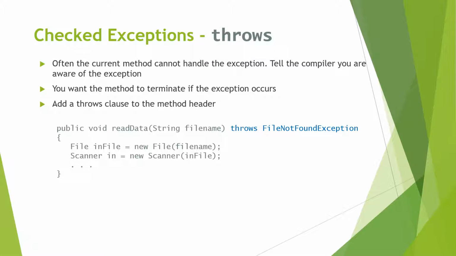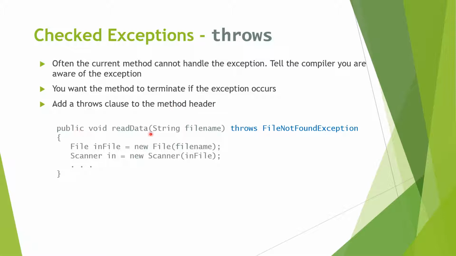So in these cases, you simply tell the compiler that you're aware of the exception that may be thrown, but you cannot handle it, so you throw it out of the method so that someone else or some other method can handle that exception. So you want the method to terminate if the exception occurs, and you simply add a throws clause to the method header.